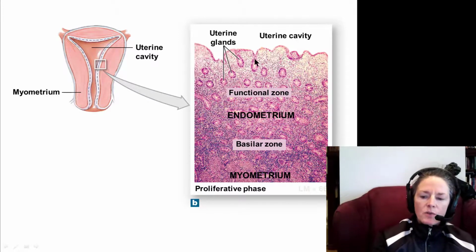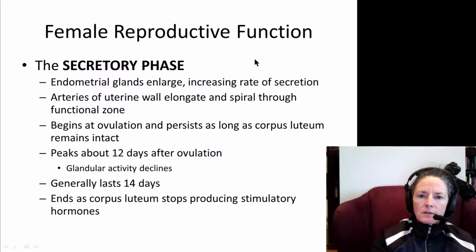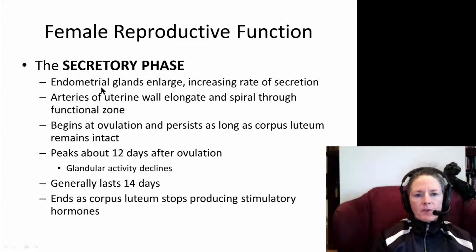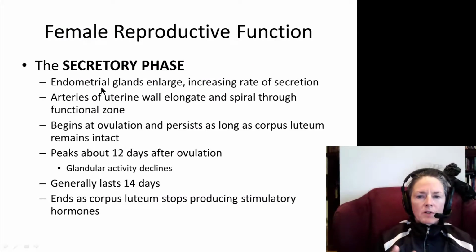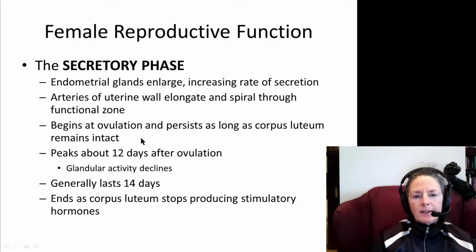And then when we get to the secretory phase, this is when those glands will really, really enlarge, and they'll start increasing the rate of secretion. And so we're going to have more elongation of those arteries, those spiral arteries. And this part of the phase, the secretory phase of the uterine cycle, will begin at ovulation. And it will continue as long as the corpus luteum is active.